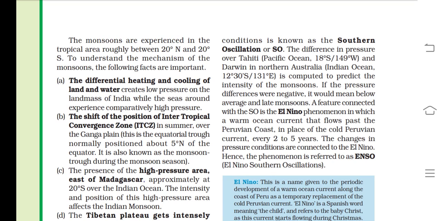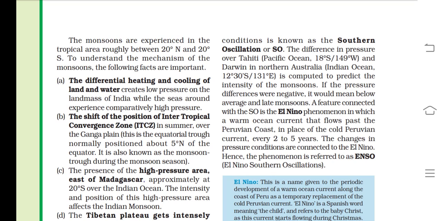So El Nino is connected with it, in which a warm ocean current flows past the Peruvian coast in place of the cold Peruvian current.